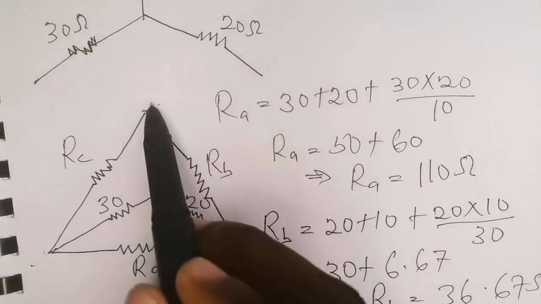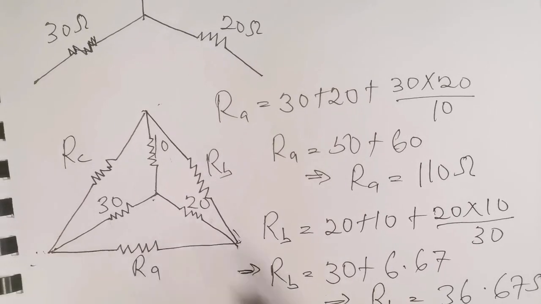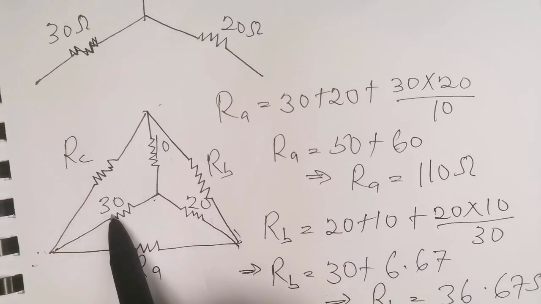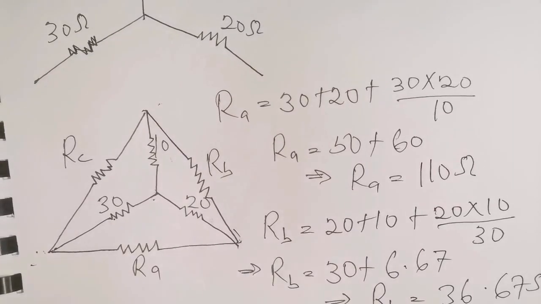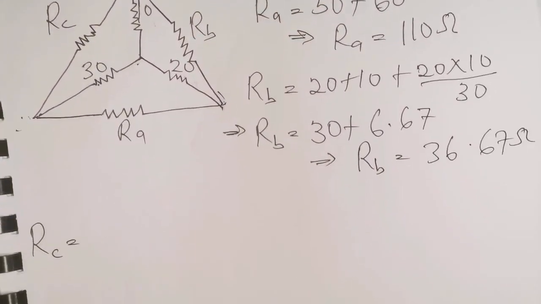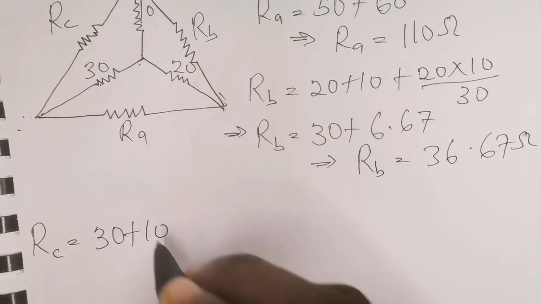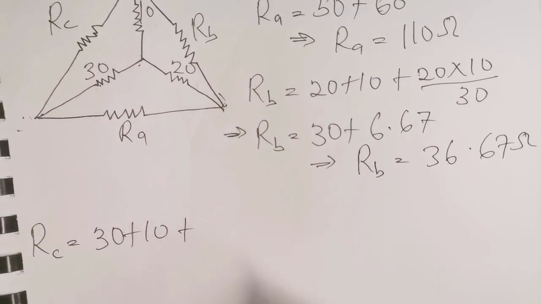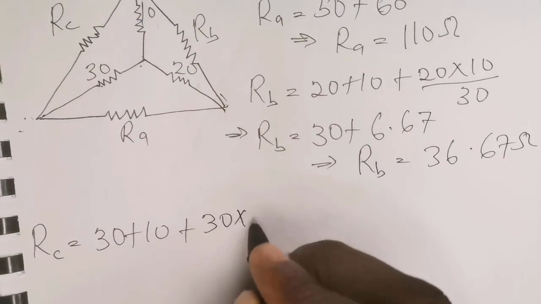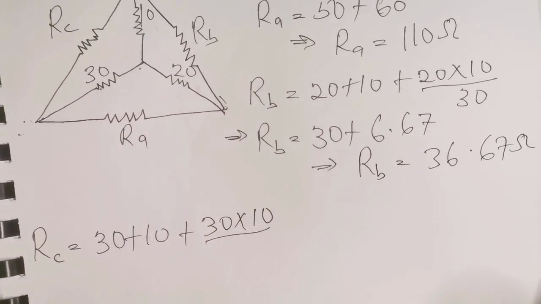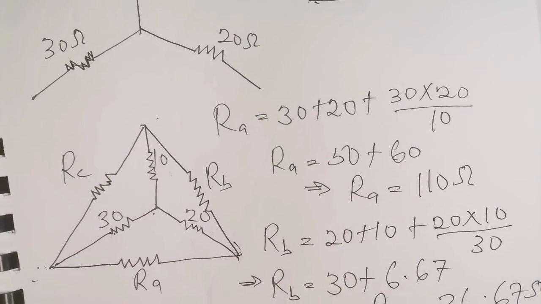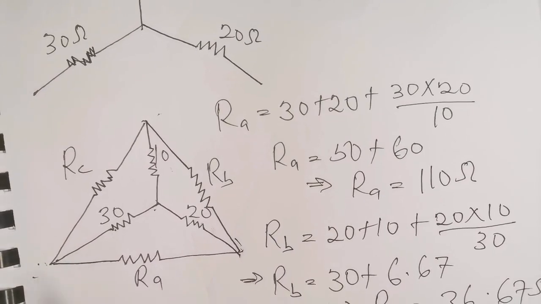The resistors involved there are the 30 ohm resistor and the 10 ohm resistor. So you find the sum, 30 plus 10, plus their product, 30 times 10. Divide this by the resistor which is not part of that triangle.